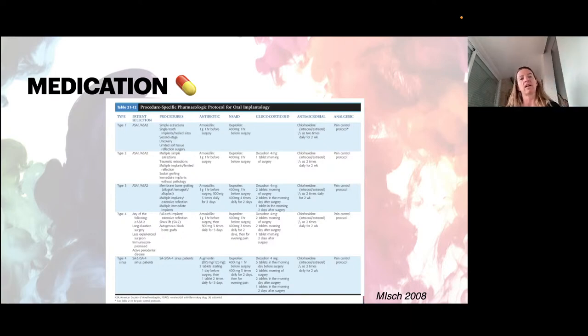So here is a simple pharmacologic protocol specific for oral implantology. For example, I like to always give antibiotics. I like to give corticoids. I like to give also analgesic to our patients.